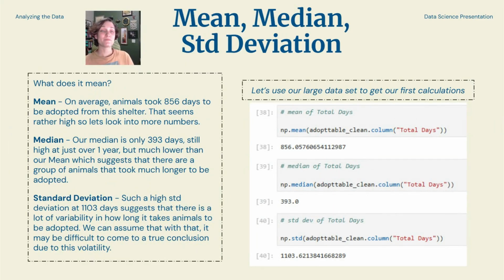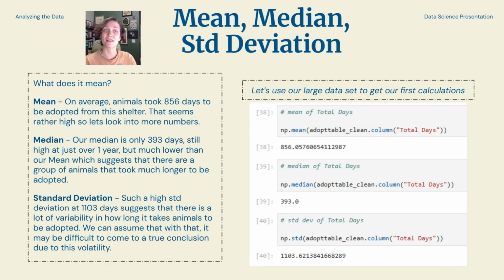Let's talk about mean, median, and standard deviation and what those mean for this data set. So for our mean, on average, all animals took about 856 days to be adopted. It seems rather high, so let's also look at median. Our median is only about 393 days, which is still high at over 1 year, but it is a lot lower than our mean, which gives us some data there.